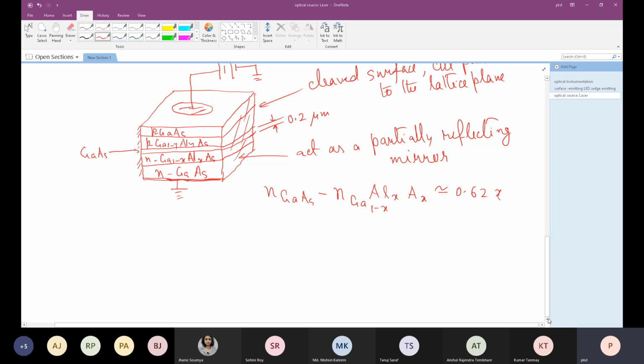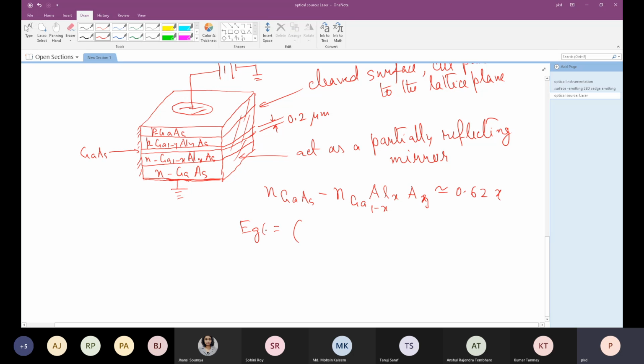The refractive index difference depends on the stoichiometric ratio x, and approximately it could be 0.62x. And Eg is also dependent on x.